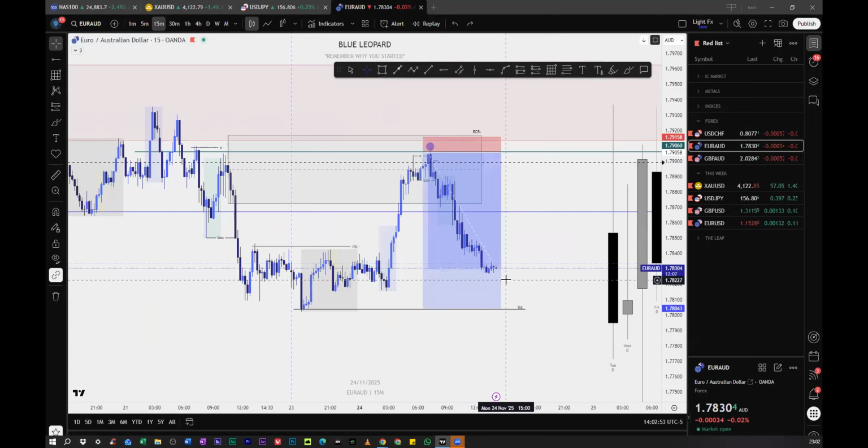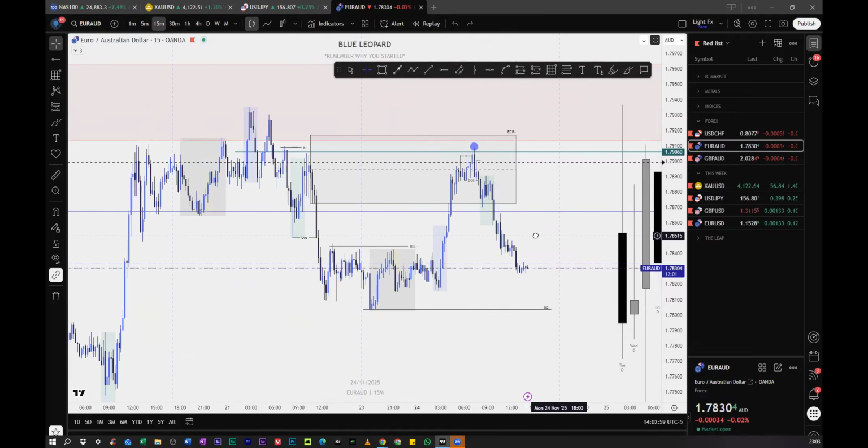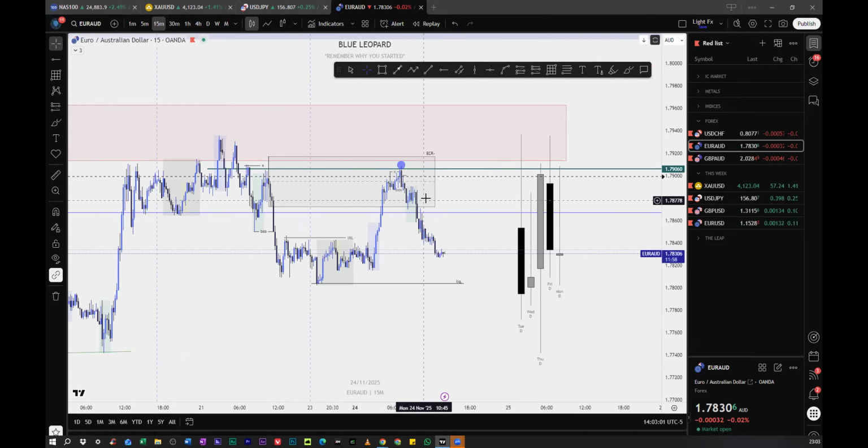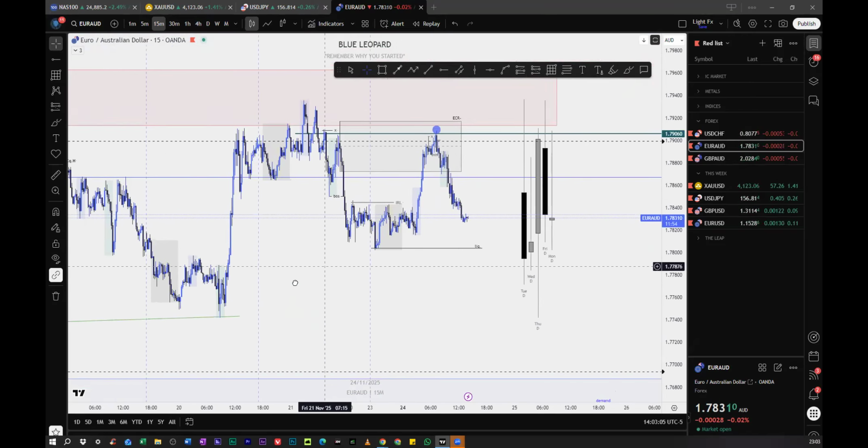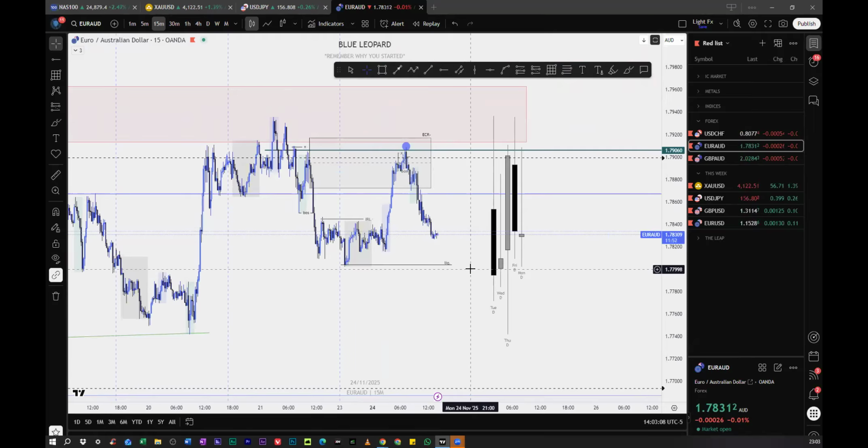So these are just simple trades that I missed, but I don't really care because I know tomorrow they will keep going lower, they will keep dropping. So tomorrow we find another direction, another momentum to enter.